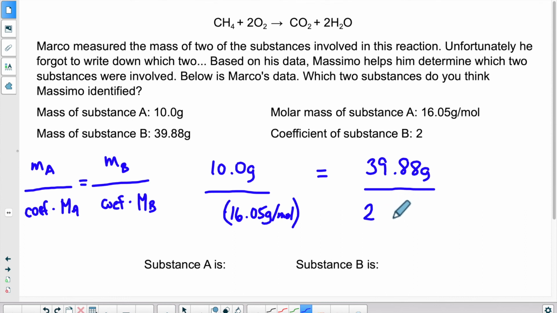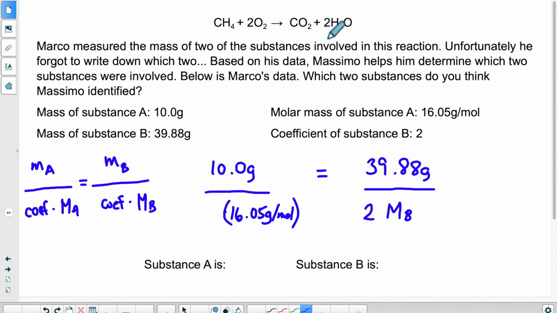But I don't know what the molar mass for B is. So it could be either this substance or this substance. I don't know. But what I know is the molar mass of A. So by process of elimination, I can figure out which of these substances should have a molar mass of 16.05 and therefore determine which coefficient goes in front.